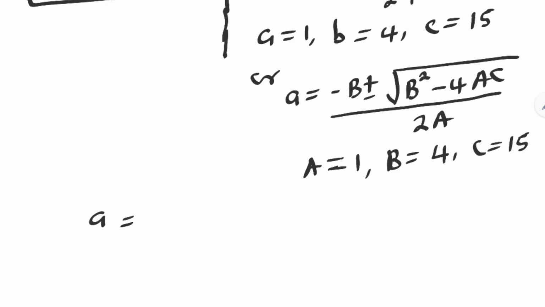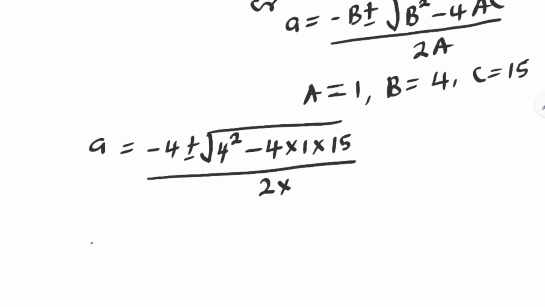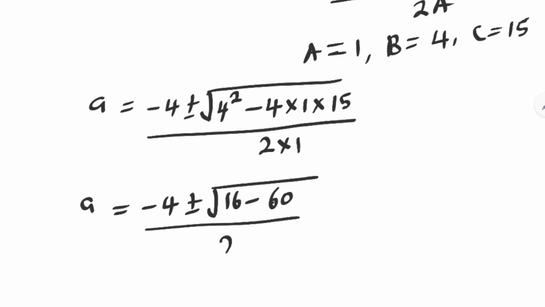Then a will be equal to minus 4 plus or minus square root of 4 squared minus 4 multiplied by a is 1 multiplied by c is 15, all over 2 multiplied by a is 1. a is equal to minus 4 plus or minus square root of 4 squared, that is 16, minus 4 multiplied by 1 multiplied by 15, that is 60, over 2 multiplied by 1, 2.